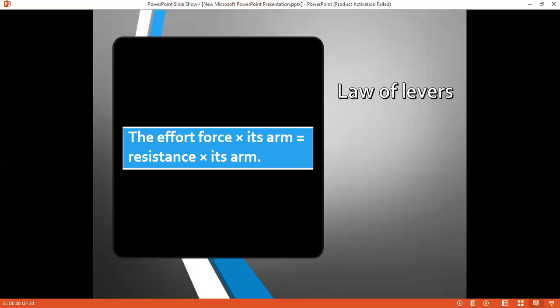Yes, that's right. It's a force, so I measure it in Newtons. What about its arm? It's a distance, right? So I measure it in meters or centimeters. What are the factors that determine the values of effort force and resistance force? Super, that's right. It will be force arm and resistance arm.